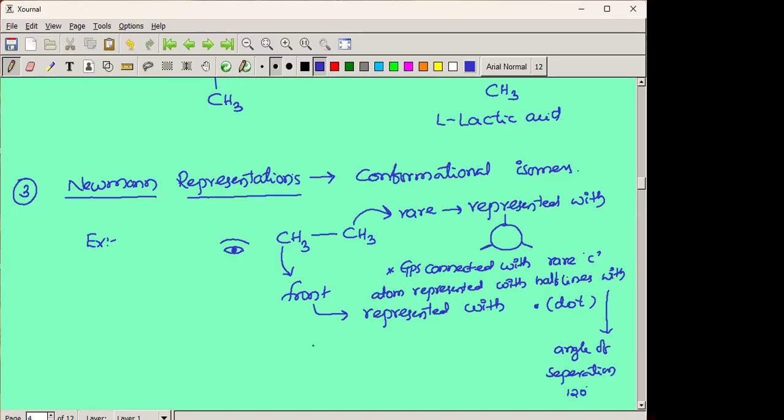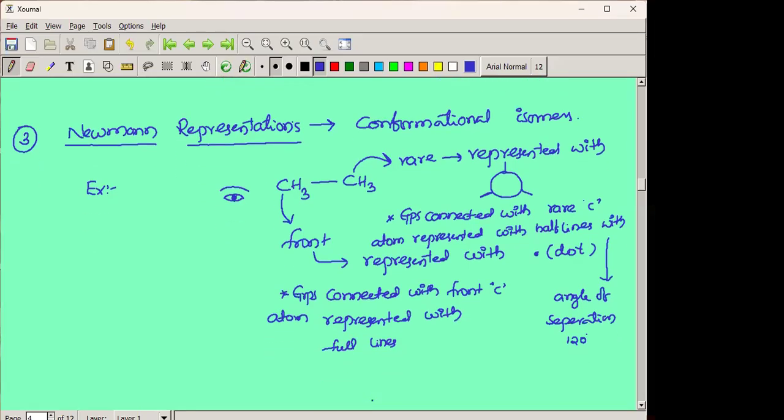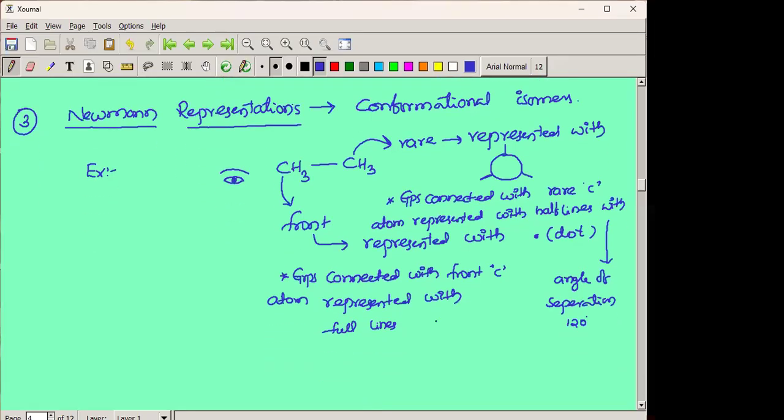Similarly, the groups connected with the front carbon are represented with full lines, with an angle of separation of 120 degrees.